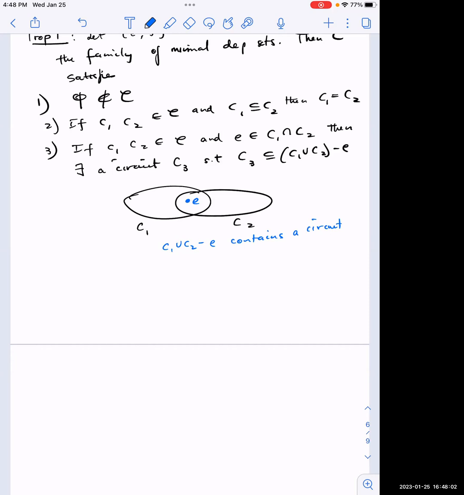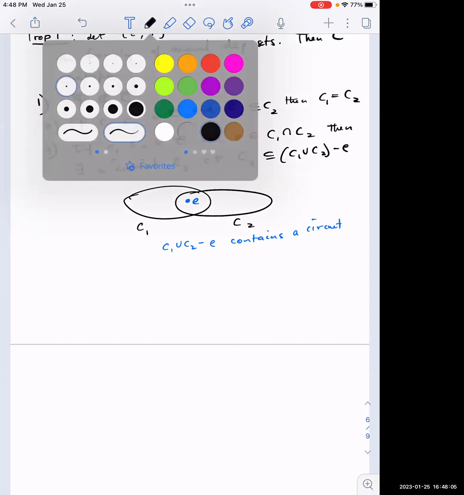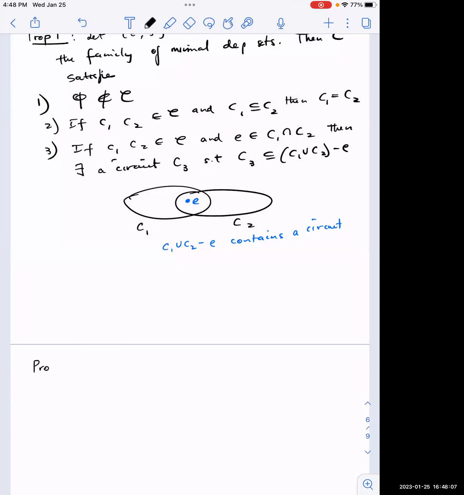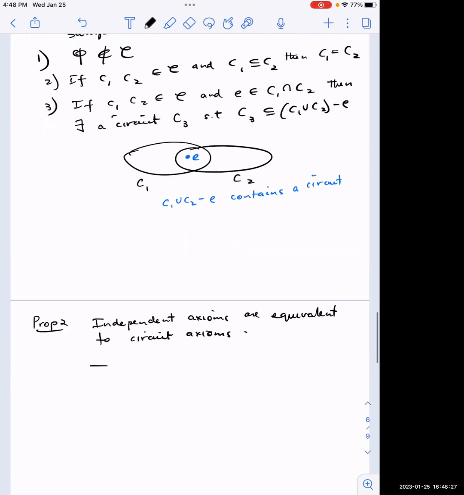And then proposition 2, and this is actually a lot of work, and I wasn't planning to do it either. The independent set axioms are equivalent to the circuit axioms. So one direction will follow from proposition 1, and the other one needs a lot of work.